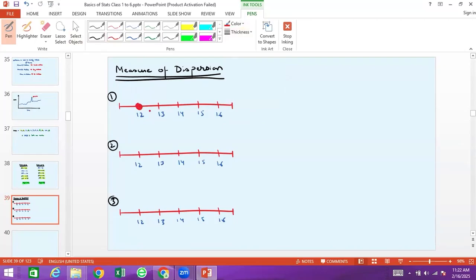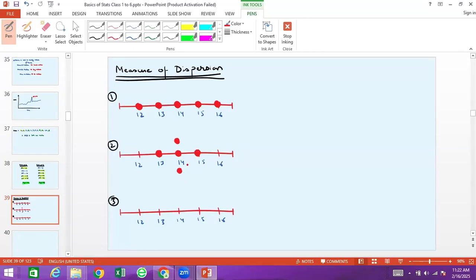I have one data point, which is 12. I have one data point, which is 13. I have one data point, which is 14. One data point, 15. One data point is 16. Or I can have this. One data point at 13, one at 14, one at 15, and two more data points at 14.